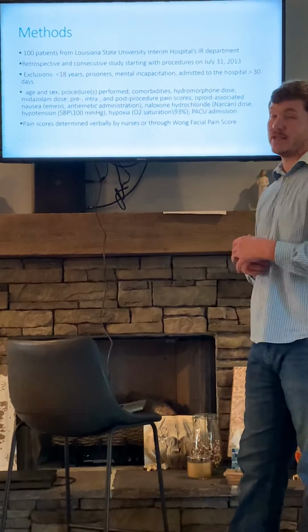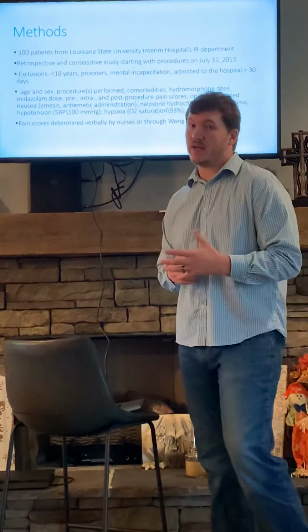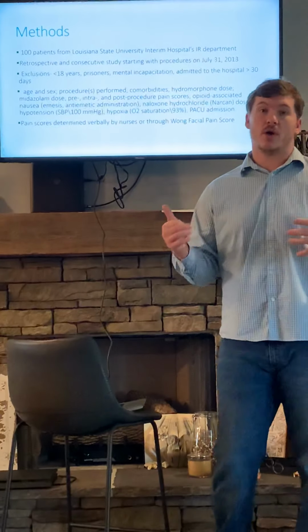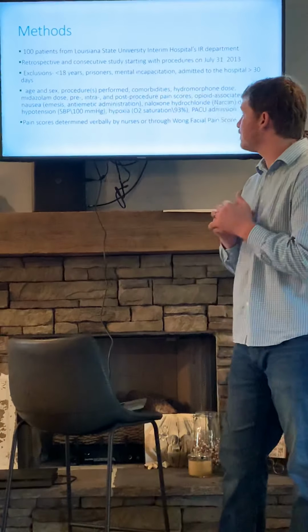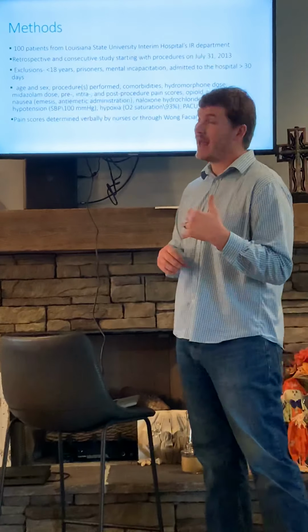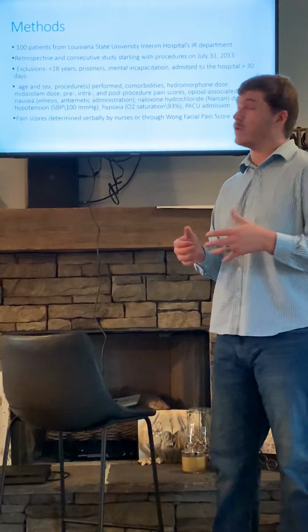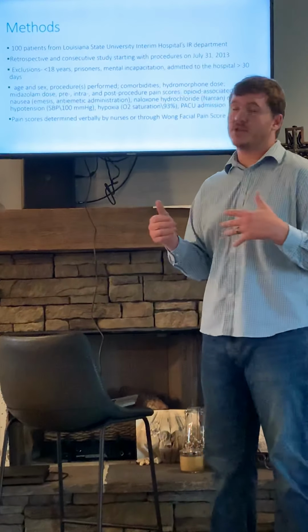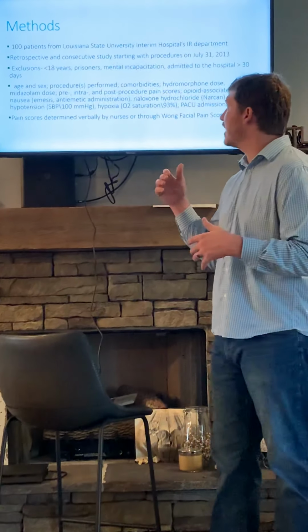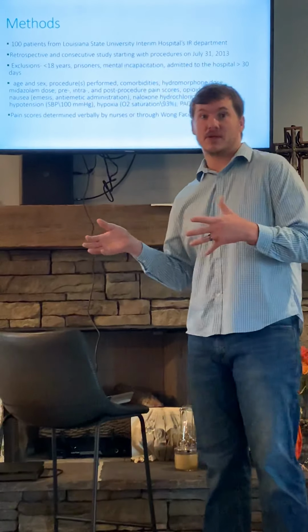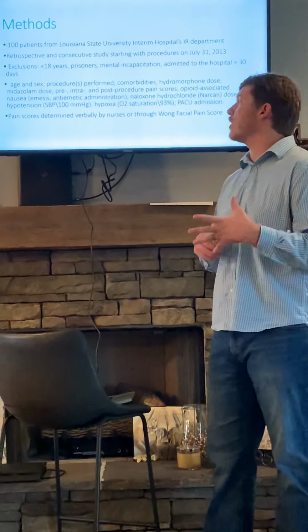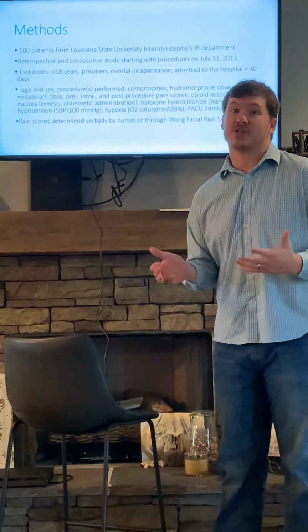Age, sex, the types of procedures, comorbidities, hydromorphone dose, Versed dose, and pre-, intra-, and post-procedure pain scores were recorded, along with opioid-associated nausea, lightheadedness, and the antiemetic administration having to be used, and naloxone hydrochloride, which is just Narcan.